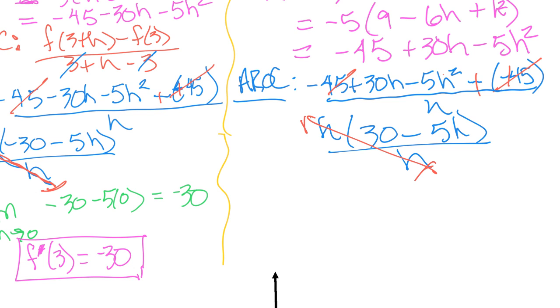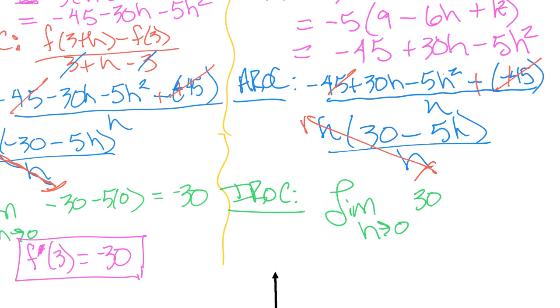So we're going to find the limit as h approaches 0, which is going to be 30 minus 5 times 0, or 30.